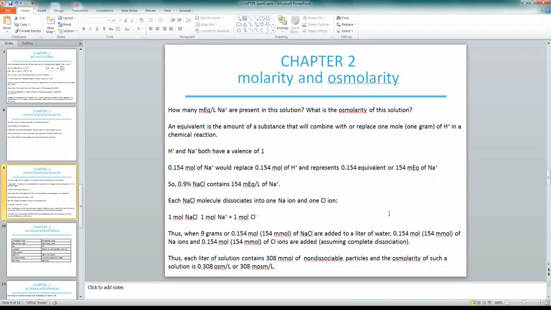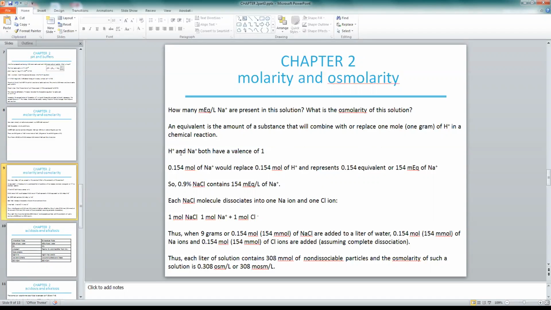If we think about molarity and osmolarity in a little bit deeper context, say I wanted to know how many milliequivalents per liter of sodium are present in the solution, and what the osmolarity of this solution is, we'd have to think about a couple of key principles. The first is that an equivalent is the amount of a substance that will combine with or replace 1 mole, 1 gram, of H plus in a chemical reaction.